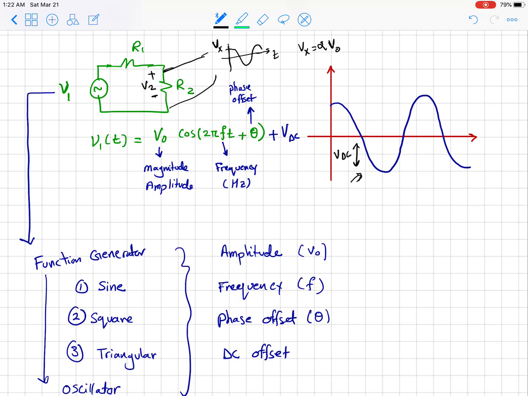So if we want to view the voltage at any point in the circuit, then we have to use that device called the oscilloscope. The oscilloscope is not going to generate any signal. It's actually a device that measures the signal in the time domain.